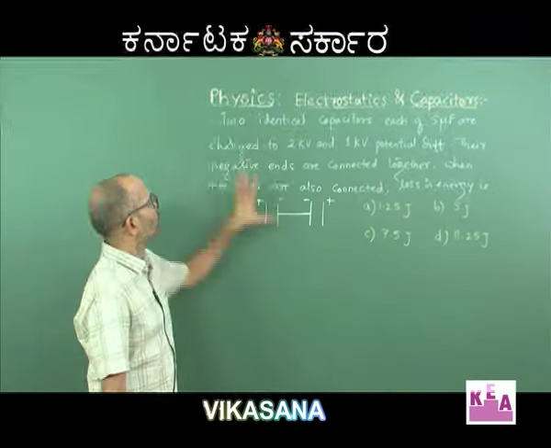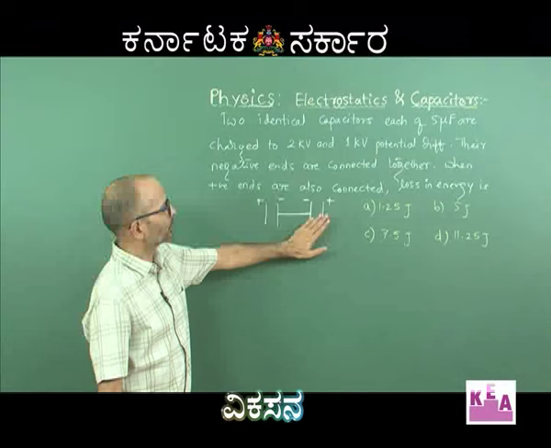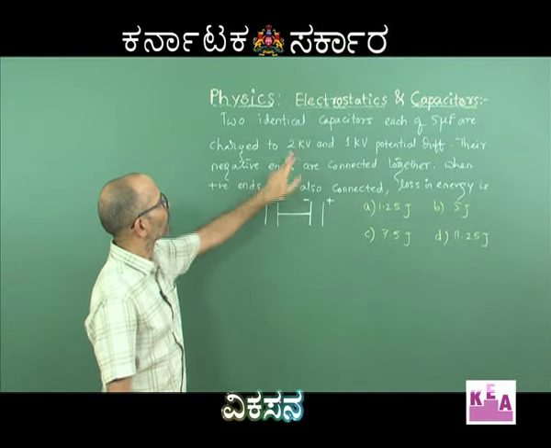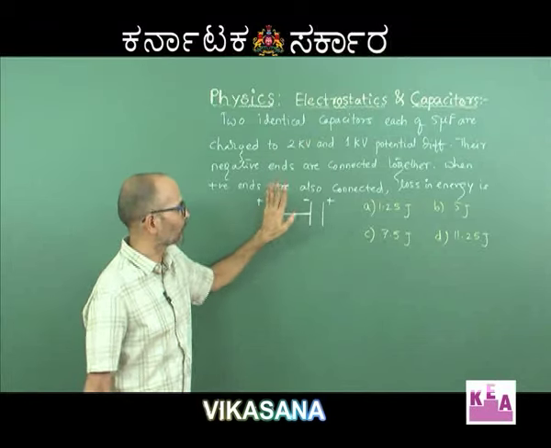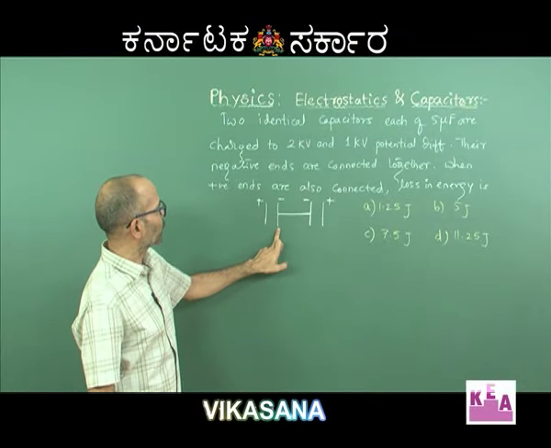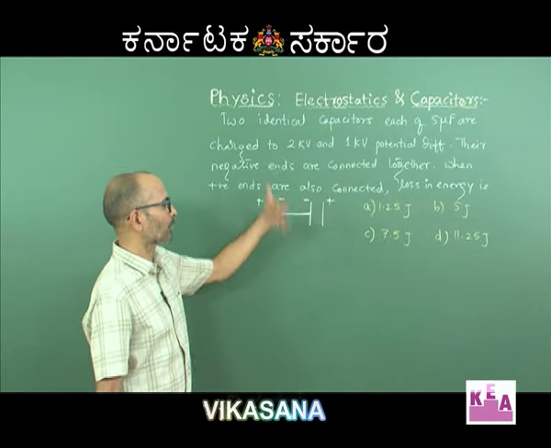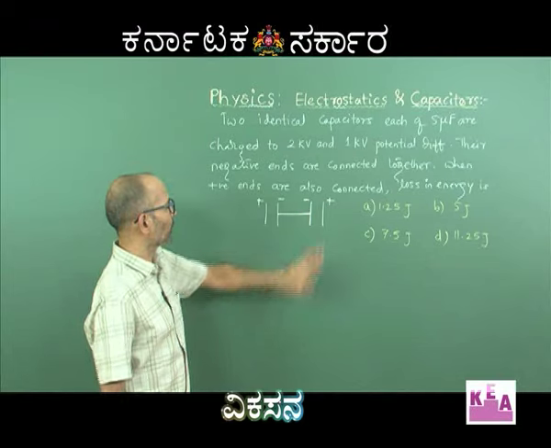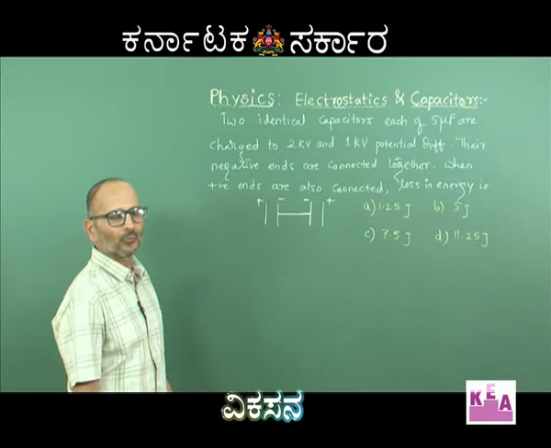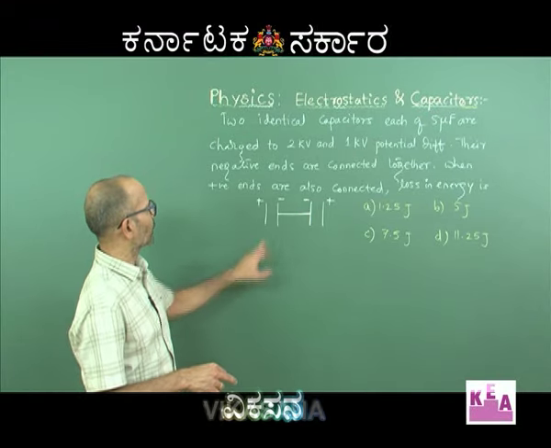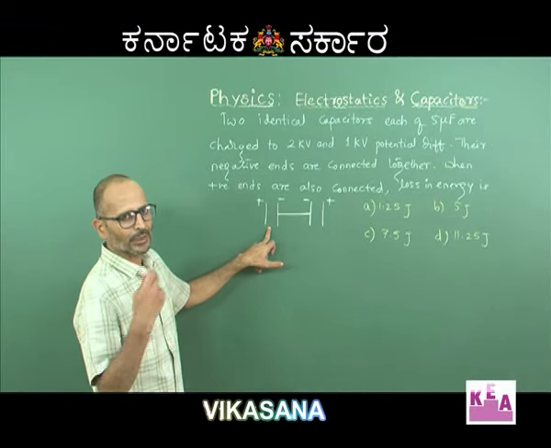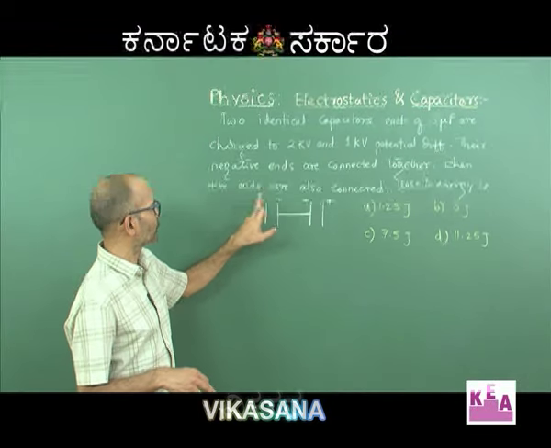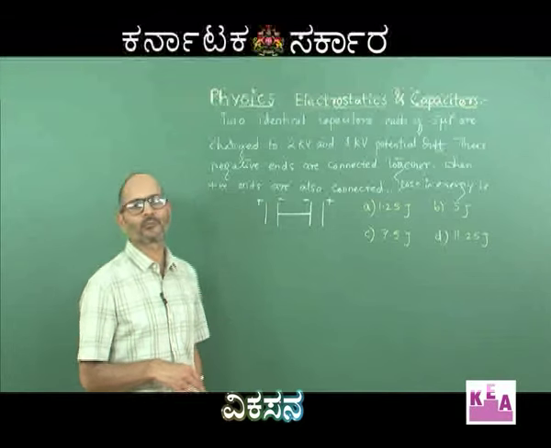Question is, you have two identical capacitors, we do not mind even if they are not identical, they have been charged to two different potential differences, 2 kilovolts and 1 kilovolt. This is the negative plate of one capacitor and this is the negative plate of the other. Both the negative plates are connected together. Will there be any change in any of the things associated with these two capacitors? What I mean is potential difference, charge, energy.